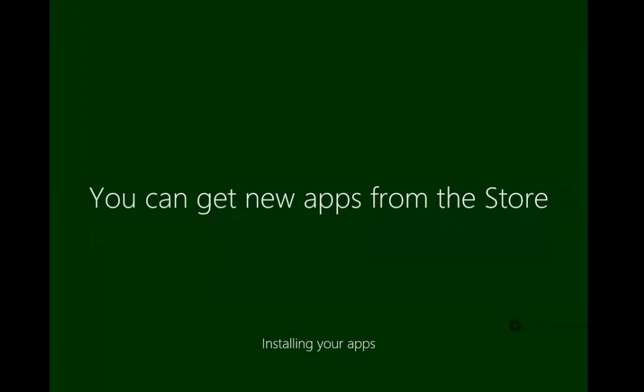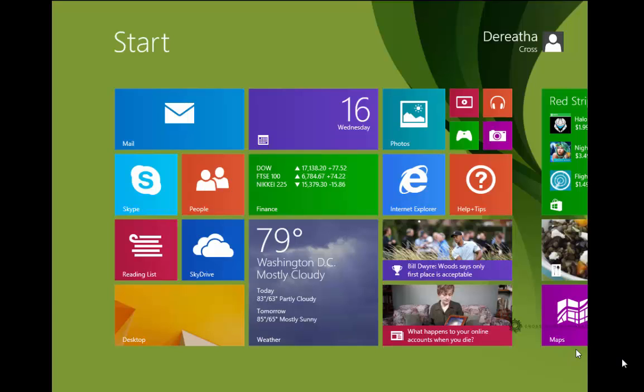We can get new apps from the store. When it finishes completing all of its setup processes and configuring and app downloading and everything that it needs to do, you'll eventually get something that looks somewhat like this. Yours may look a little bit different, maybe configured a little bit differently, but it looks like, I guess, a cell phone kind of interface. It should look something like this when it's all done.